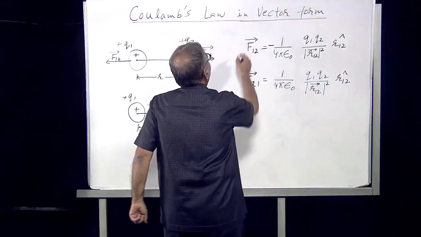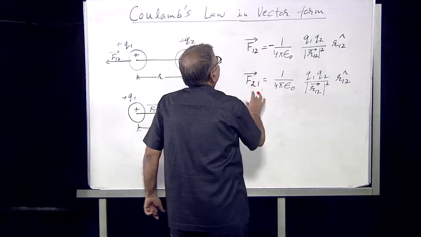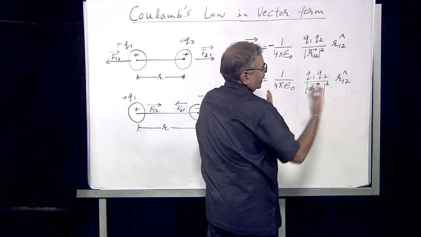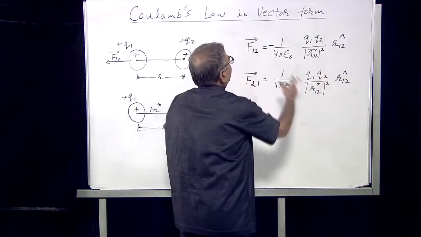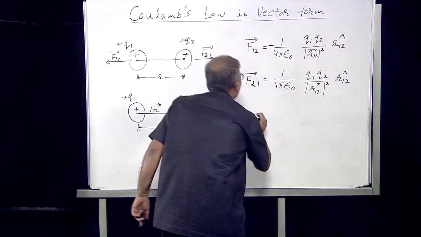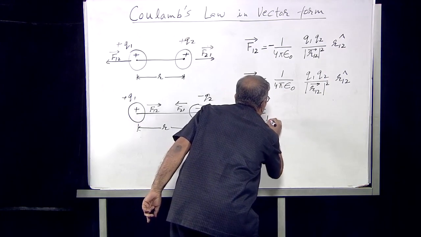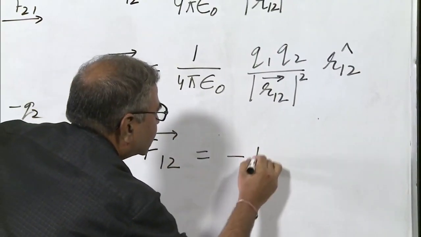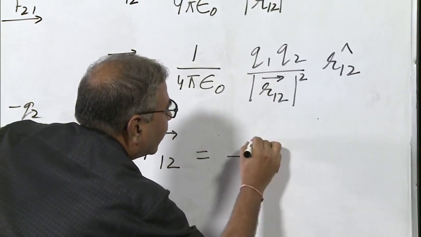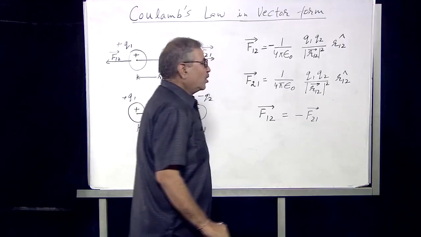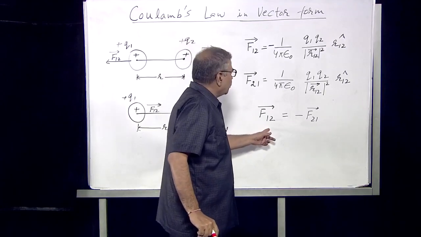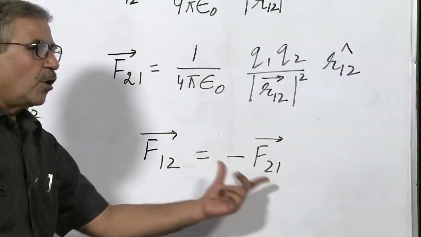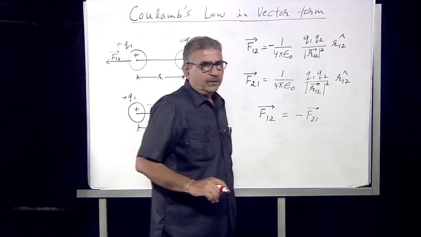Now, if we compare these two equations F12 and F21, the right hand side of this equation is same except this negative sign. So, we can write F12 is equal to minus F21. Force on 1 due to 2 will be equal and opposite to the force on 2 due to 1.